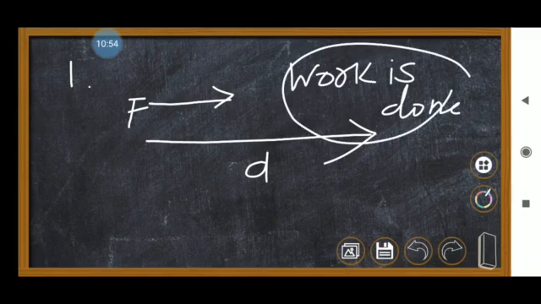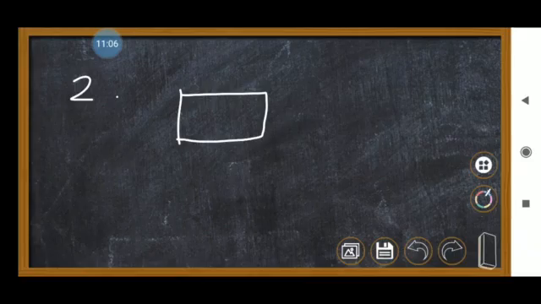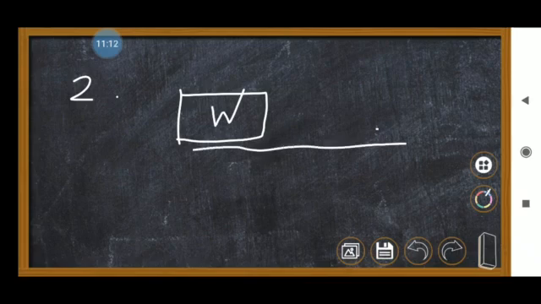Now the second one: a donkey is carrying a load on its back. Imagine the load, which I will represent as W. The donkey is going in the horizontal direction, but the weight is acting downwards.